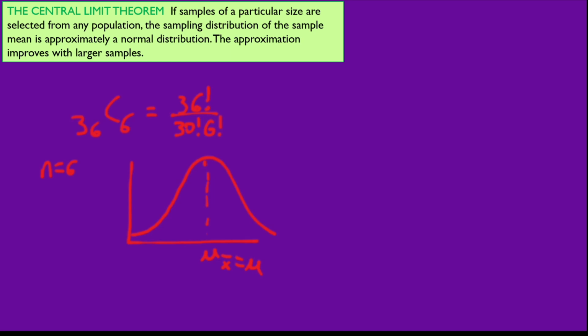Again, we have a normal distribution, and in the general sense, to describe a normal distribution we want the mean and the standard deviation. For this case, we have the mean, which is the mean of the sample means, but it is the population mean. And then we do need to know the standard deviation. That's going to be enough to describe this approximately normal distribution of these possible sample means.